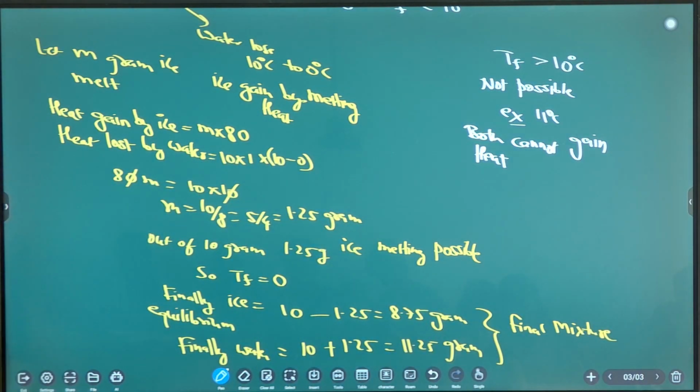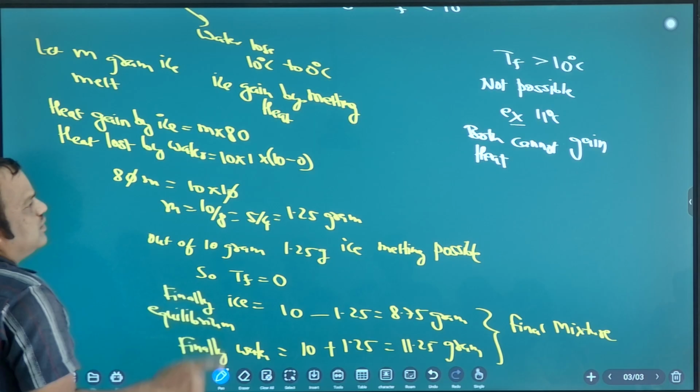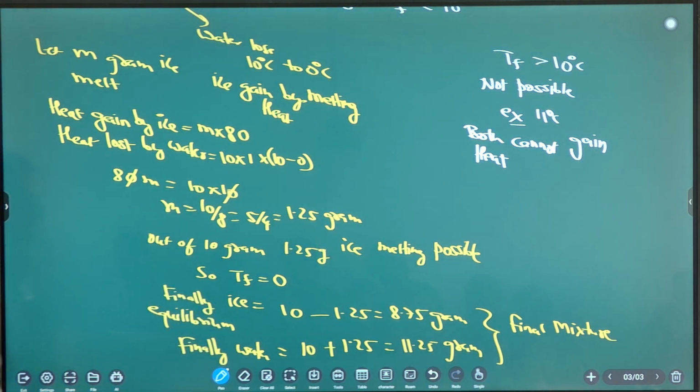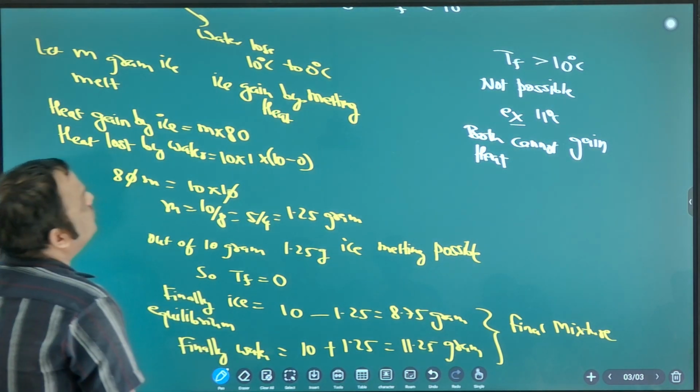Right now, so think like this. One is gaining heat, other is losing heat.